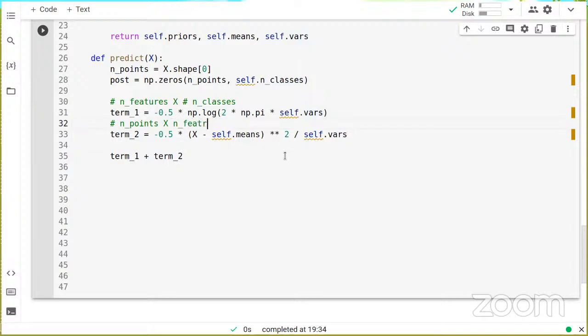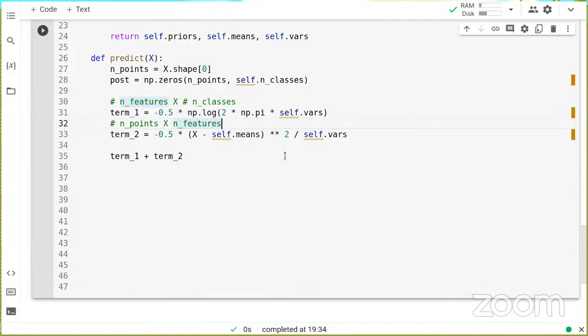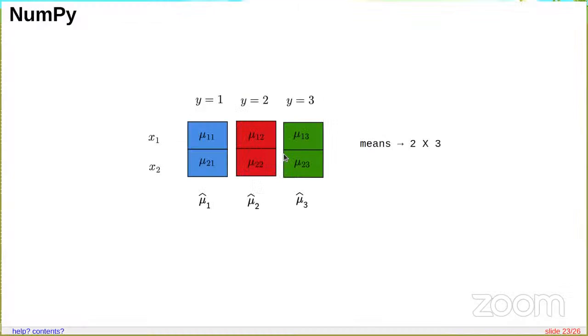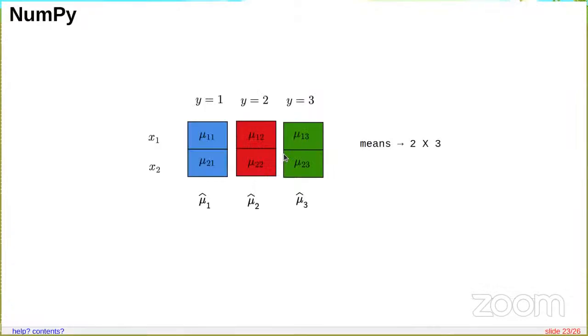Does this make sense? Once again, I'll just keep going back and forth between these two images until I understand what's happening.